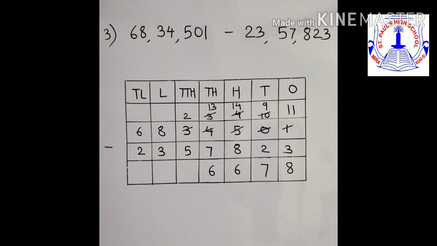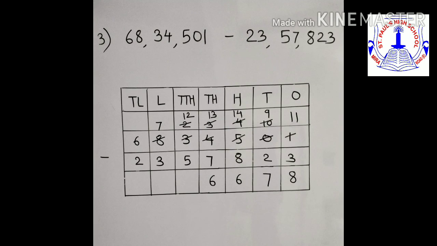Again in the 10,000s place you can see 2 minus 5. 5 is greater than 2, so we cannot subtract 5 from 2. So we have to borrow 1 from the lakhs place. So 8 will reduce to 7 and 2 will become 12 in the 10,000s place.